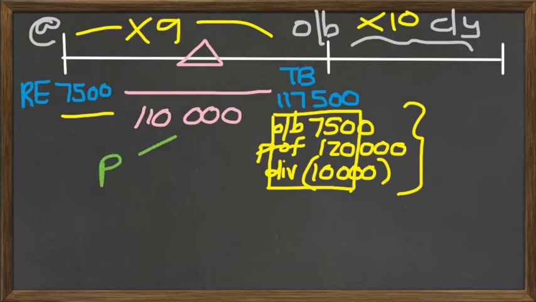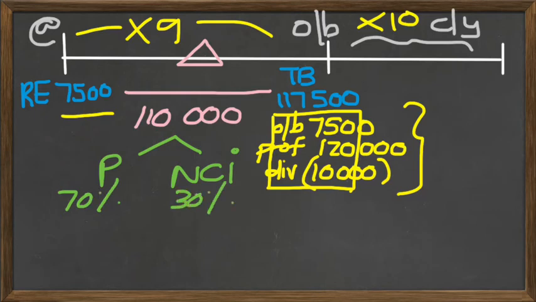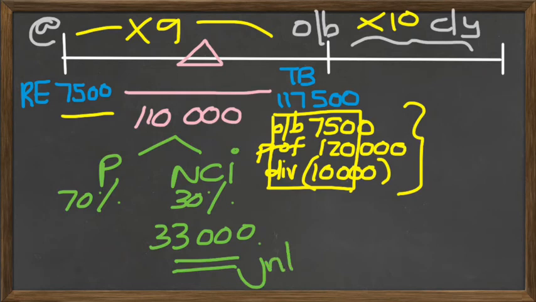That is attributable to NCI, and that would be in their percentage holding as ordinary shareholders, 70%, 30%, and this would give me an amount of 33,000 Rand, for which I need a consolidation journal entry to change the balance of non-controlling interests.